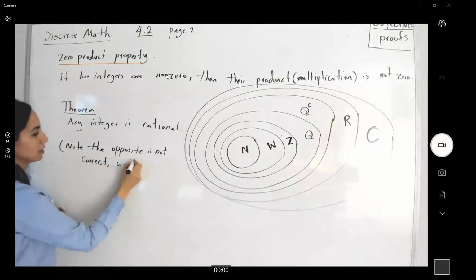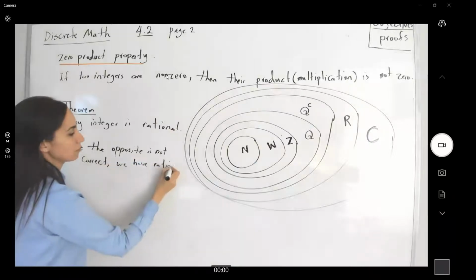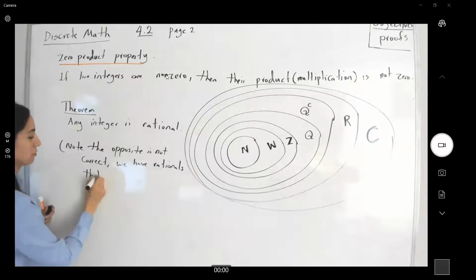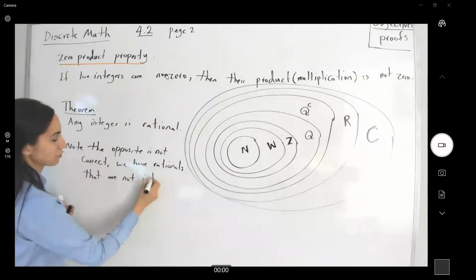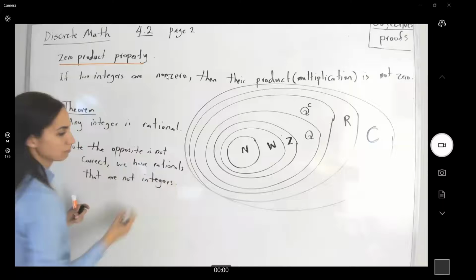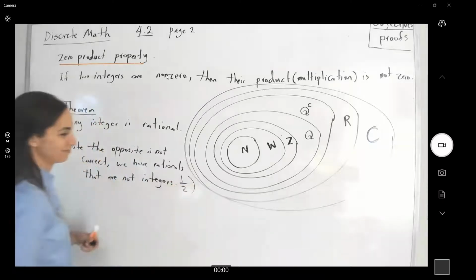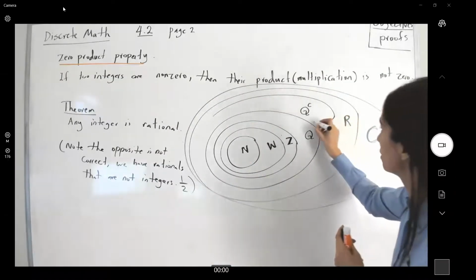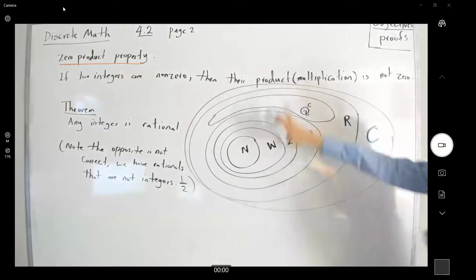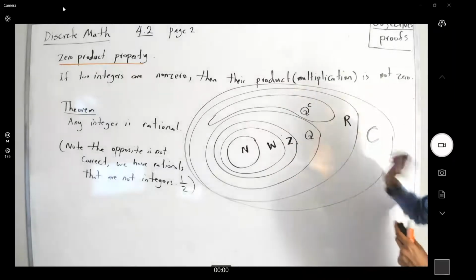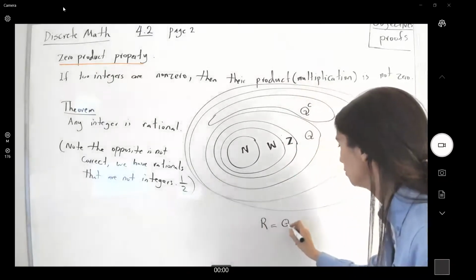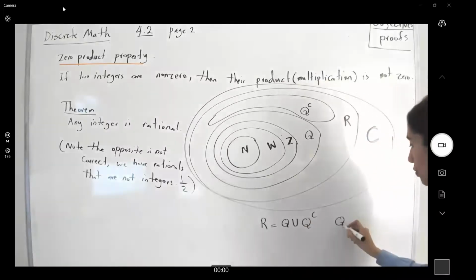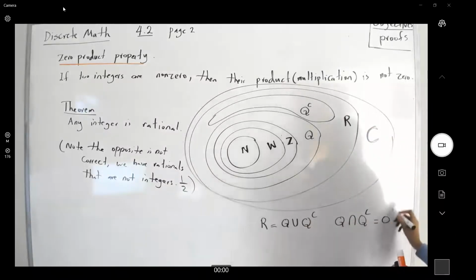It means that we have rationals that are not integers. The combination of these two, the union between Q and Q complement, is R. So R is Q union with Q complement. And Q intersection with Q complement is empty.